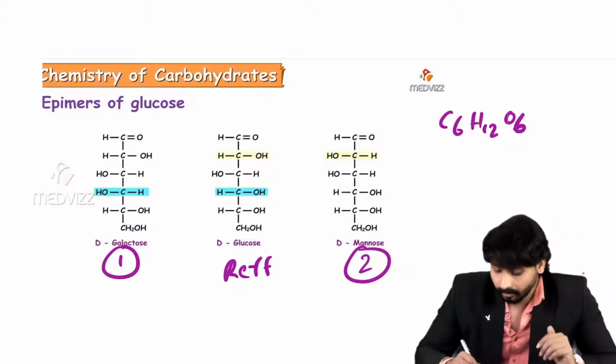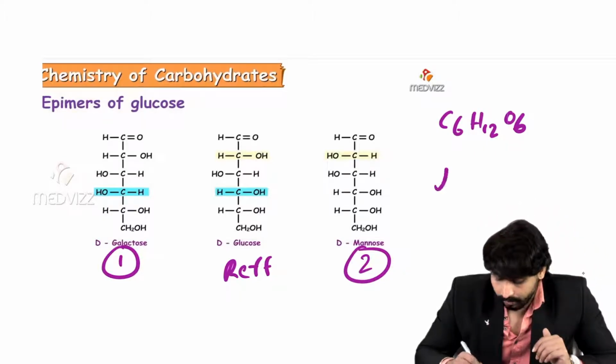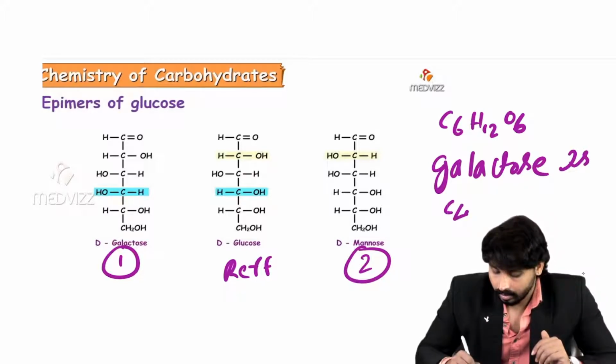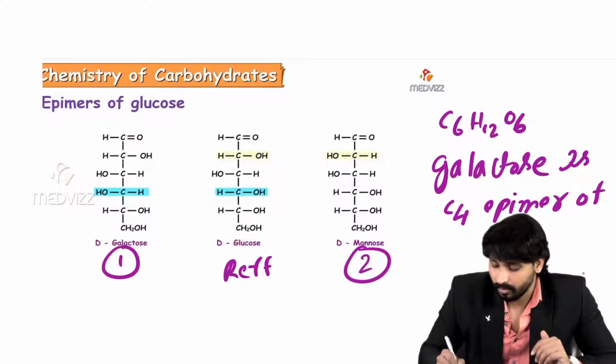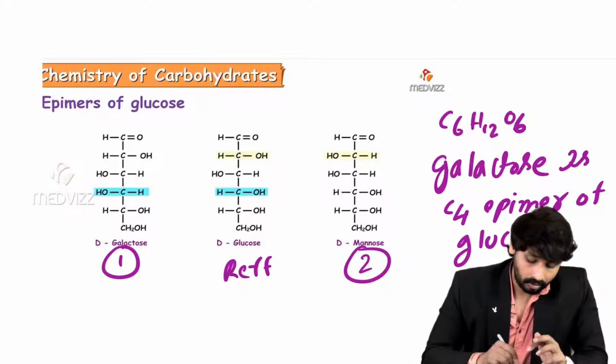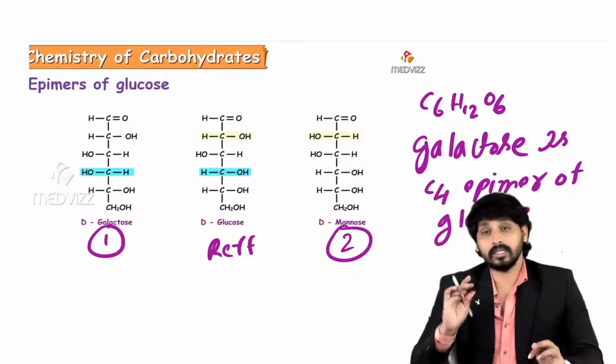That means galactose is the C4 epimer of glucose.